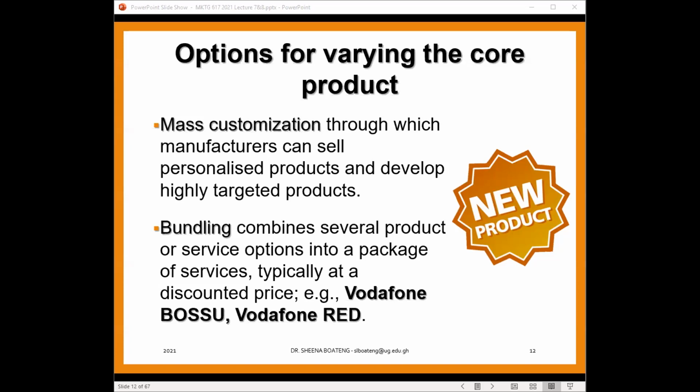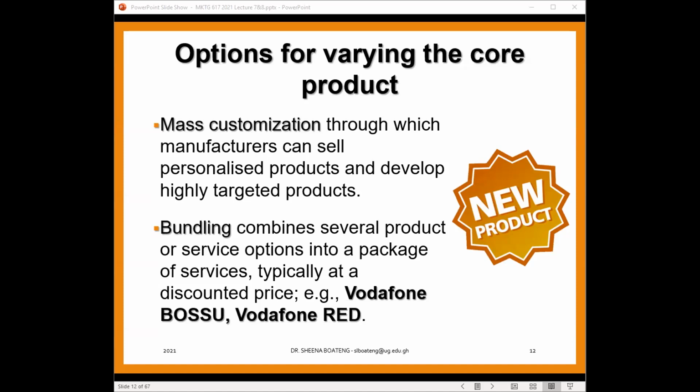So we can see that when it comes to bundling, firms in different sectors offer various product bundles to their customers. Some of these product bundles are sometimes only accessible through the online context. So let's look at the telcos in Ghana as a typical example. We realize that they offer various product bundles using the different services that they offer, depending on the type of customer and which type of services are more relevant to them.